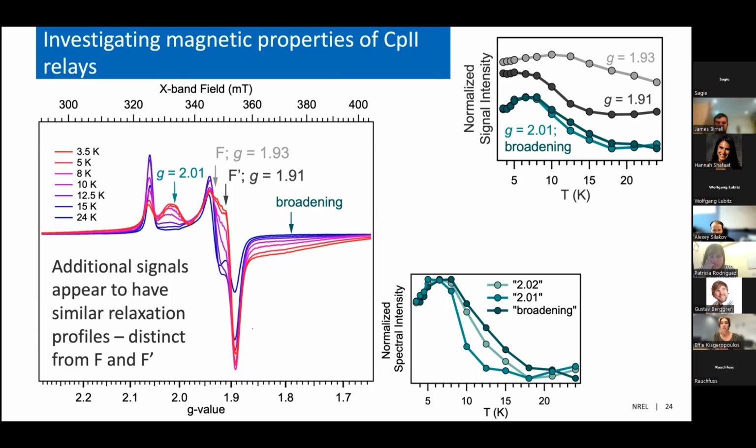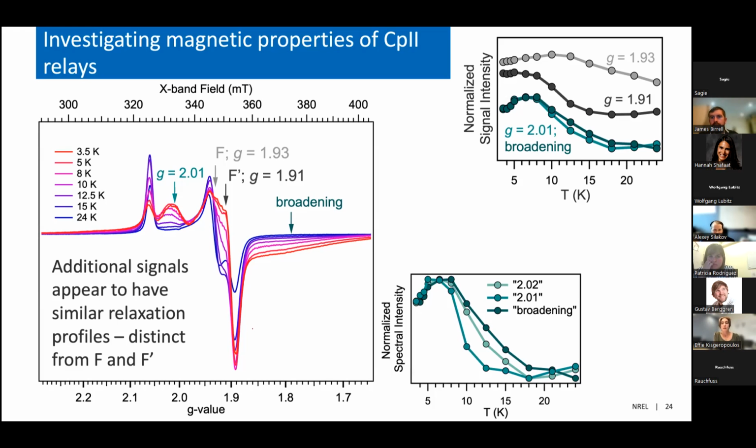Their profiles appear distinct from those of the two iron sulfur cluster assigned signals. The second iron sulfur cluster, that F prime signal that shows up at the low temperatures, has similar behavior to these unassigned signals at higher temperatures.